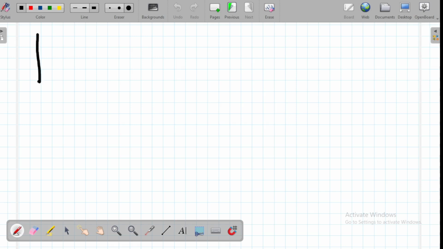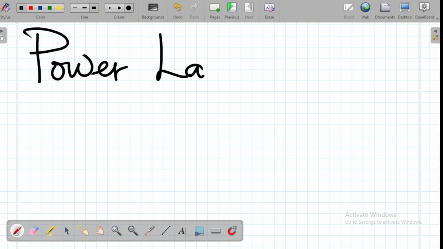Alright, so let's look at the power law. When the index of a number or base is raised to another power or index, simply multiply the two indices. Let's take an example.